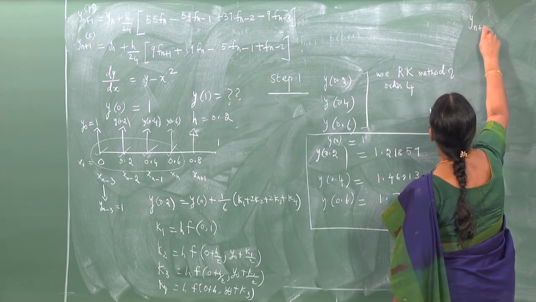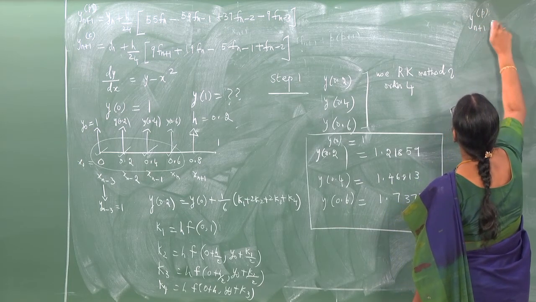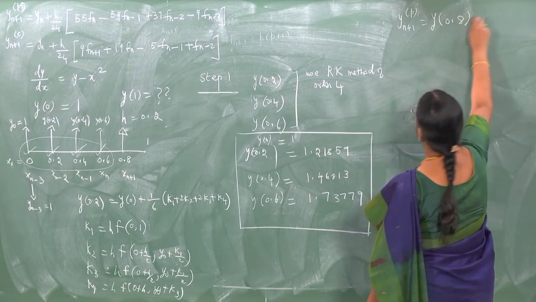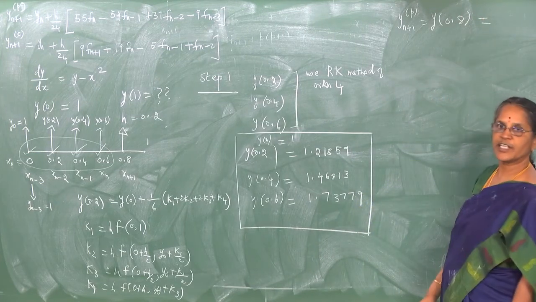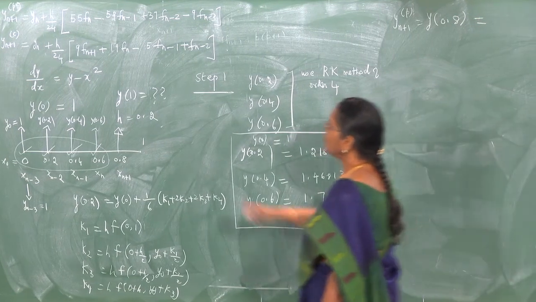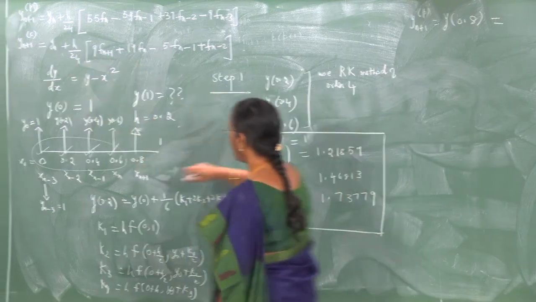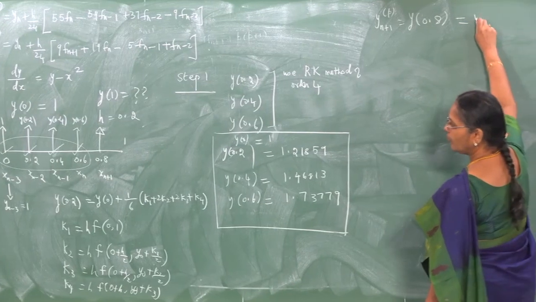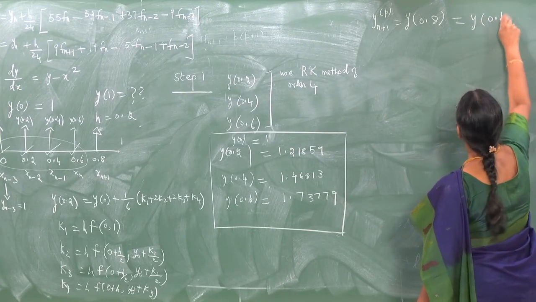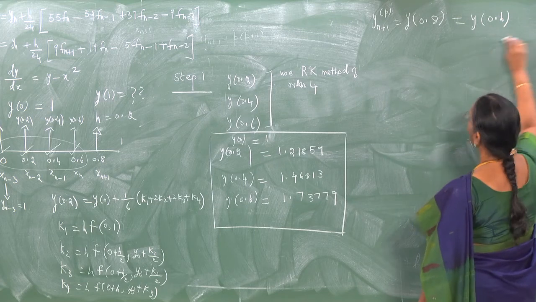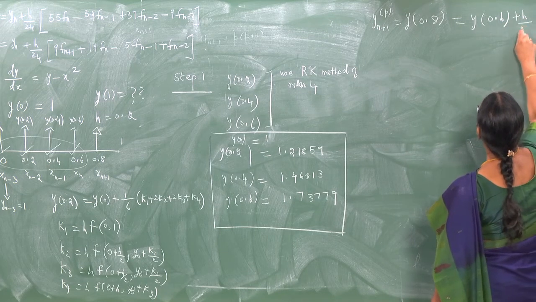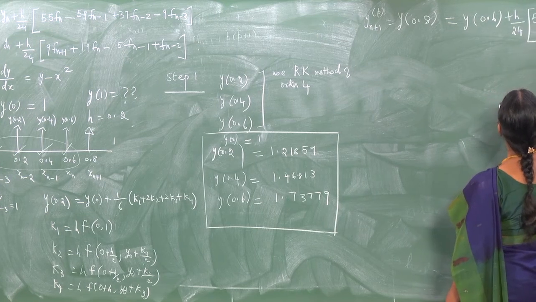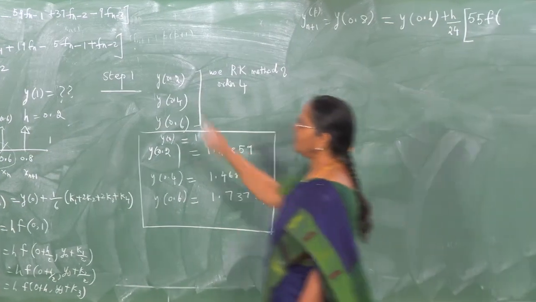So, yn plus 1 predicted will give me y at point 8 according to my notation, and that is equal to y at n. What is yn? It is going to be y at point 6 and then plus h by 24 into 55 times f of, what is fn?